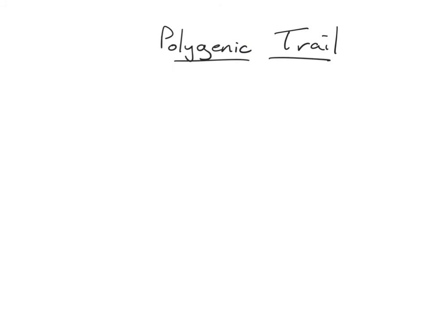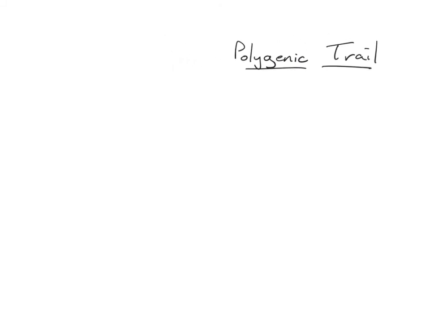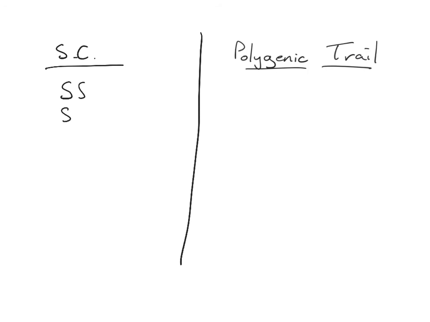So let's compare that to something else that's not polygenic. Let's look at something like sickle cell. Sickle cell is what? It's either a dominant S, this or this is going to get you what? No sickle cell. Is that correct? And then little s is going to get you what? Sickle cell.